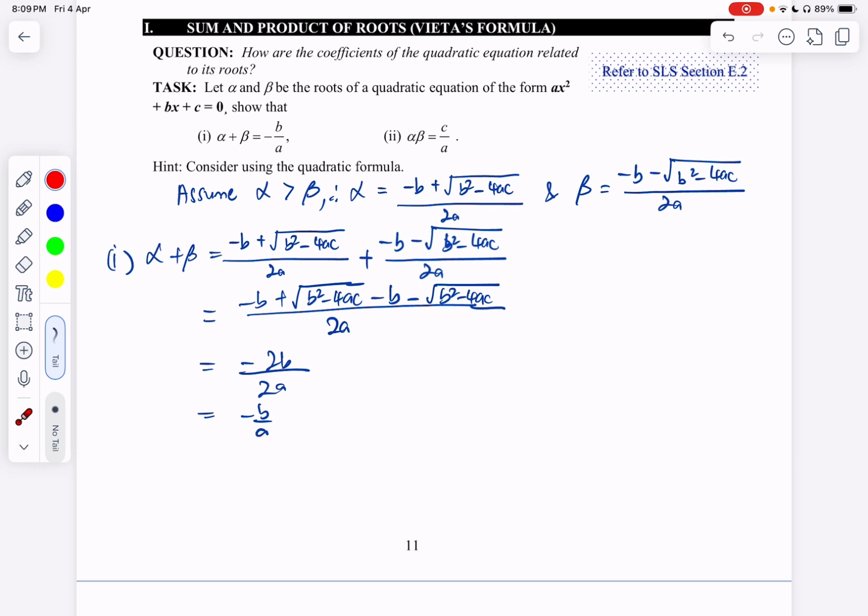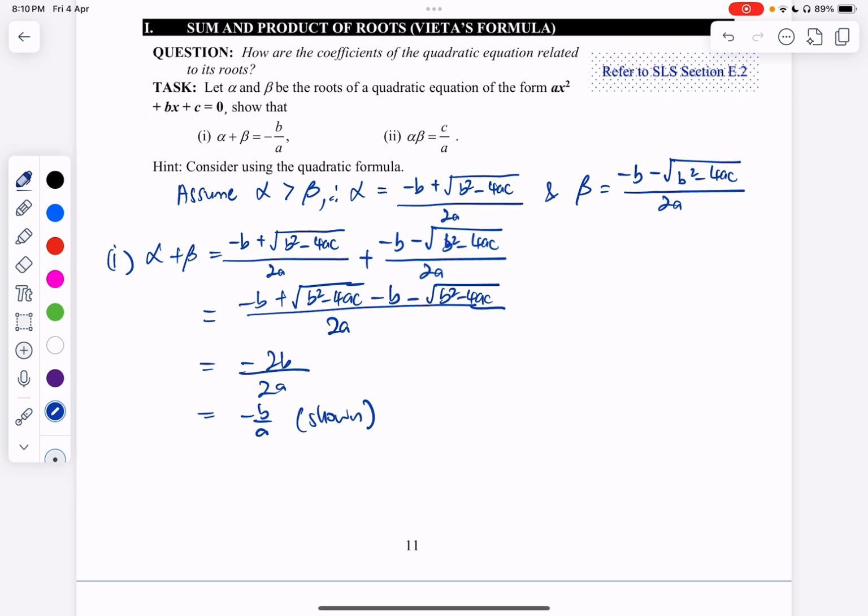So minus b becomes minus 2b, and the square root of b squared minus 4ac minus the square root of b squared minus 4ac will cancel each other. They make 0. So the answer I get is minus 2b over 2a, and my final answer is minus b over a. So I have shown that my right hand side is equal to minus b over a, and I will write shown here.